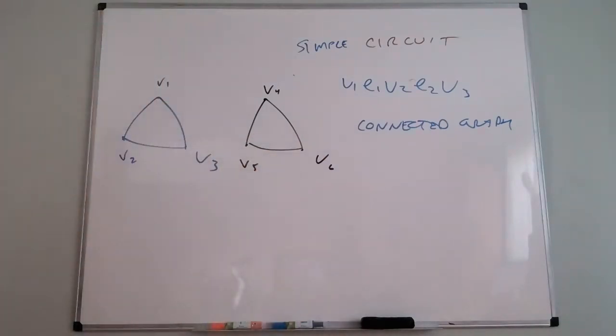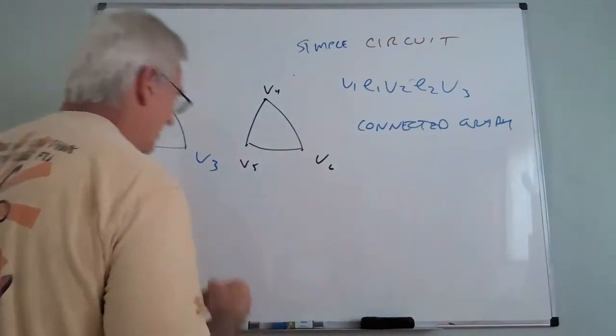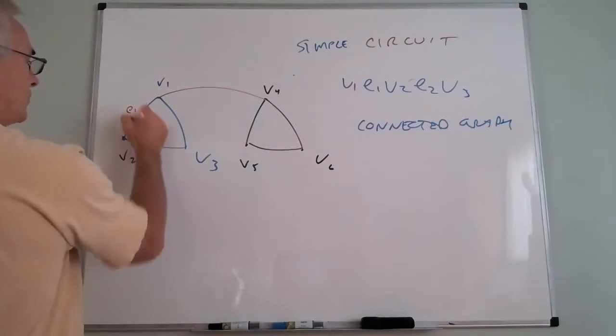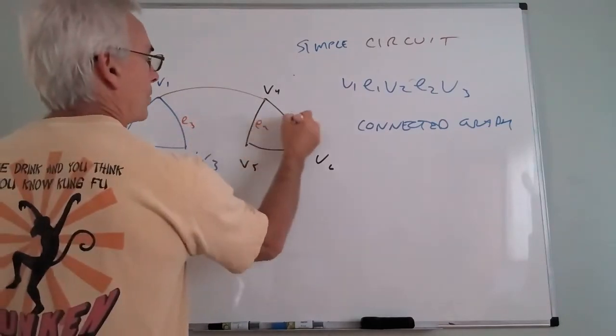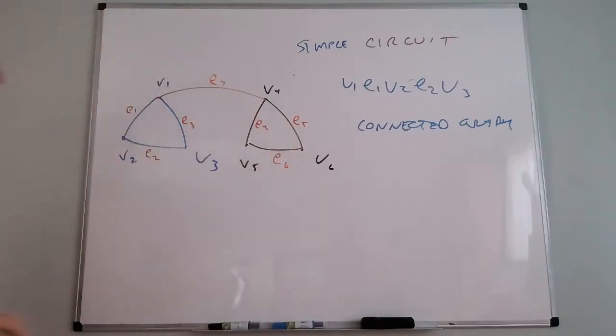I have two different connected graphs here. Okay, and then what if I then also did this? So E1, E2, E3, E4, E5, E6, and then we'll call that E7. Now stare at that for a moment.